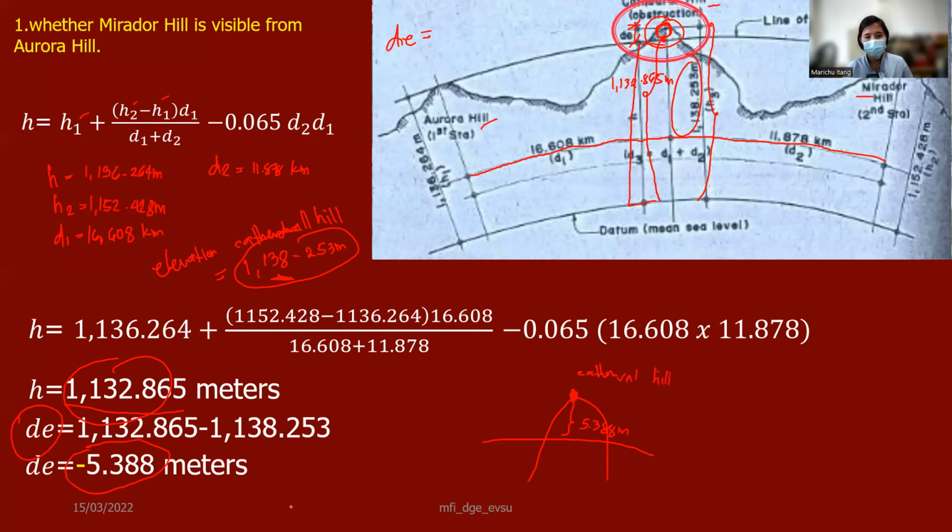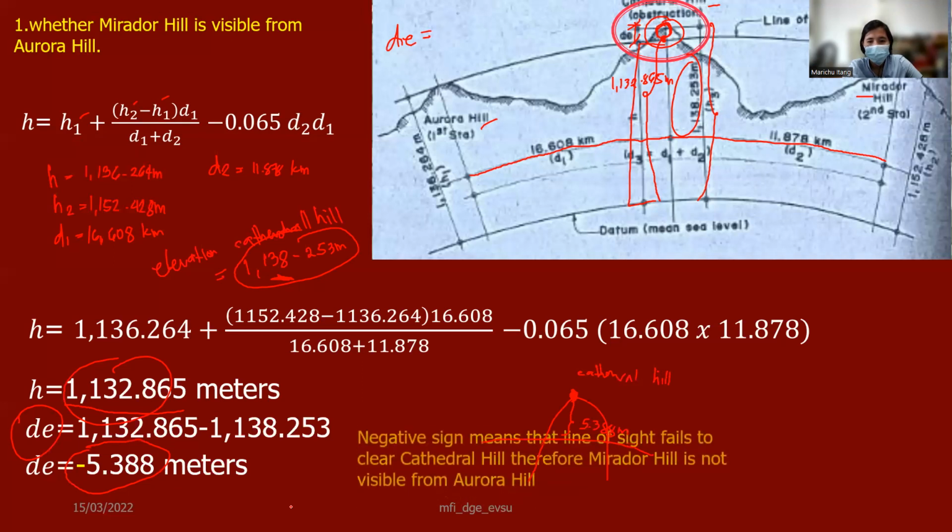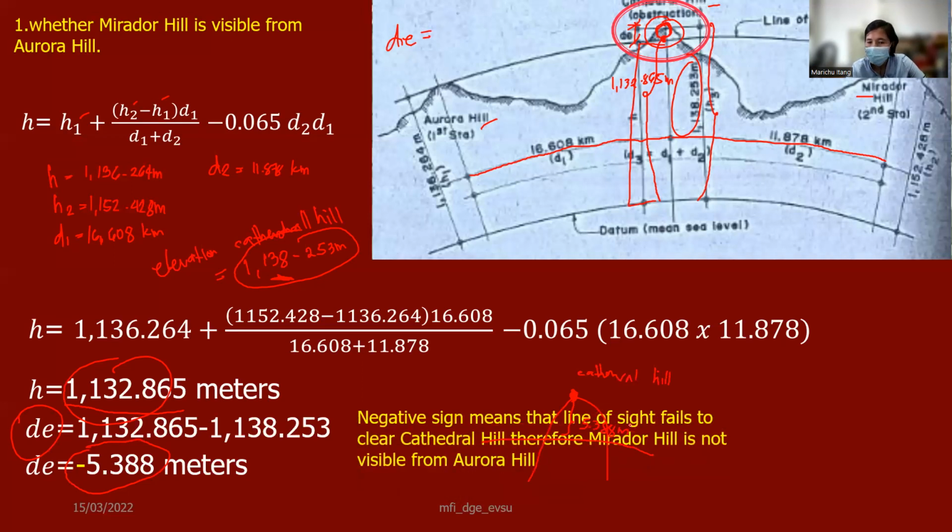Okay? So this is the amount of obstruction, yung 5.388 meters. Paano nag-positive yan? Which means, kung nag-positive yan, hindi yan naka-obstruct sa ating line of sight. Okay? So negative sign means that the line of sight fails to clear Cathedral Hill. Therefore, Mirador Hill is not visible from Aurora. Okay?